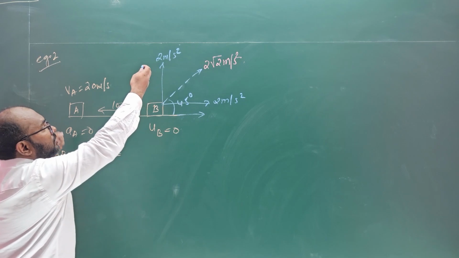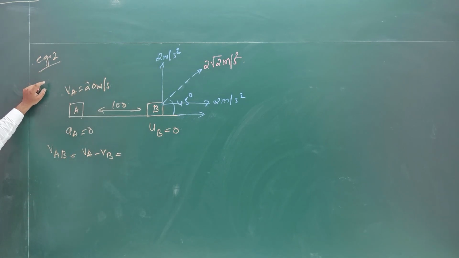There is no use of using the y-axis acceleration because this body is not having acceleration along the y-axis. If the question is given, the same thing we have learned, vx square plus vy square finally. Got my point? All you need to do is separately for the x-axis and y-axis, then calculate the magnitude. If they didn't ask for the magnitude, just substitute with i cap and j cap.